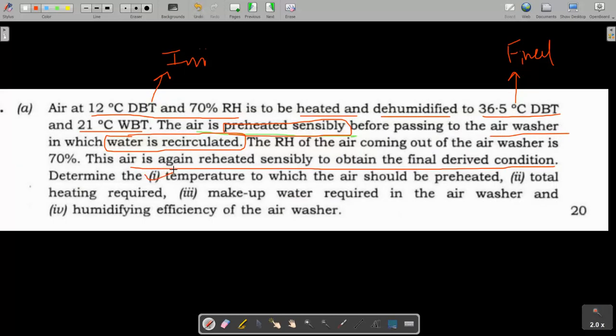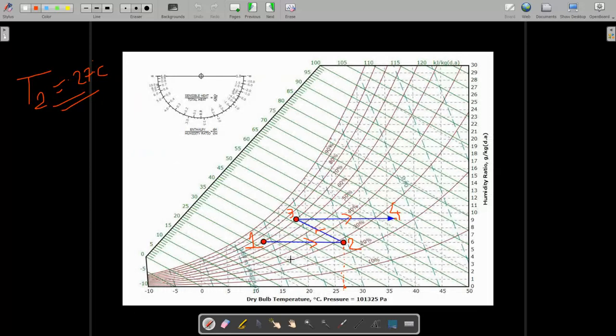Next, total heating required. Here we have heated 1 to 2, but from 2 to 3 we have not heated, we just passed through the air washer, and 3 to 4 we again heated. So how much heat is given in processes 1 to 2 and 3 to 4?